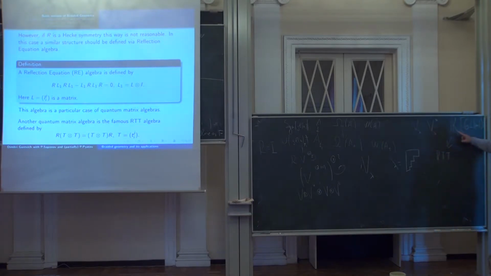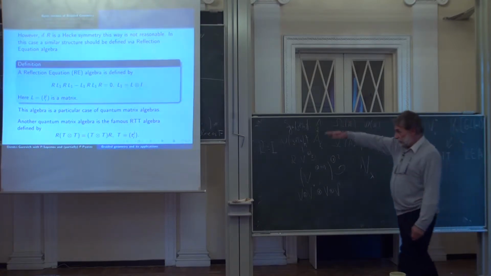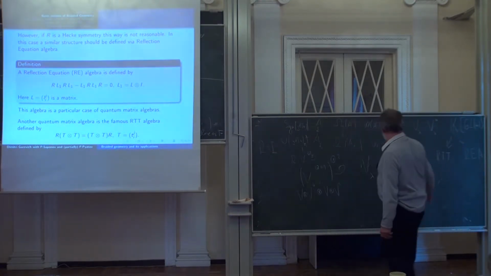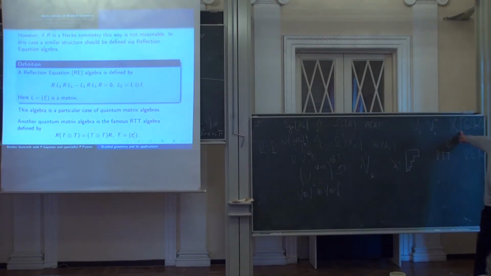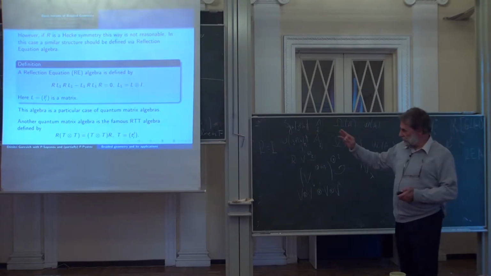It's possible to deform this algebra in another direction, and we have the reflection equation algebra. There exists a family of quantum matrix algebras which look like that or that, but it is more difficult to construct them. But I consider both as a deformation of the same usual algebra. I will explain a little bit later what is different between them.